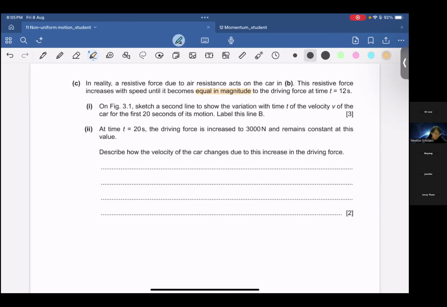Okay, so here on figure 3.1, sketch a second line to show the variation with time t of the velocity v of the car for the first 20 seconds of its motion. Label this line B. Okay, so here, at time equals 12 seconds, they achieve constant velocity.